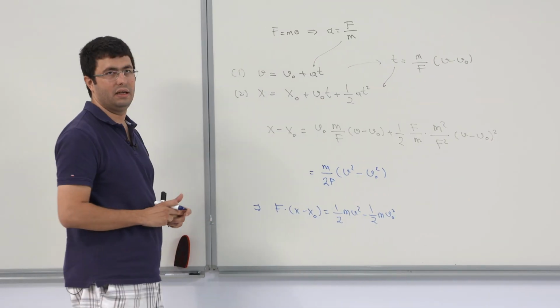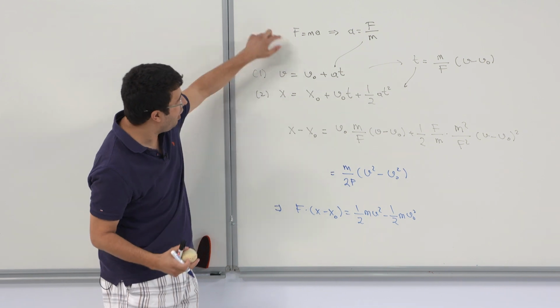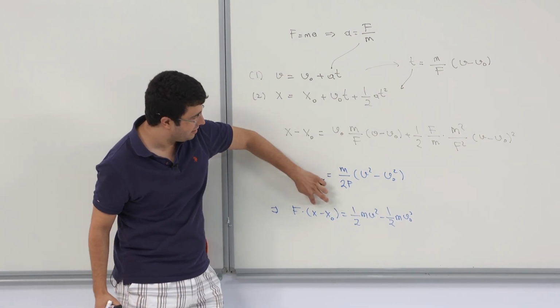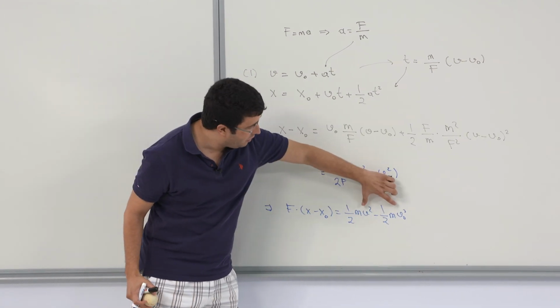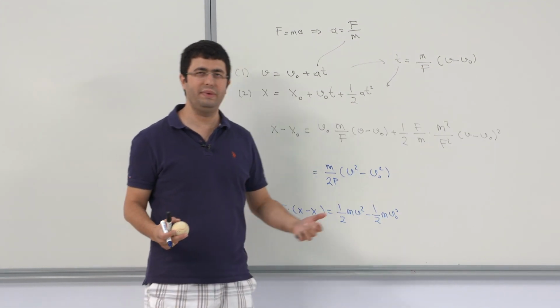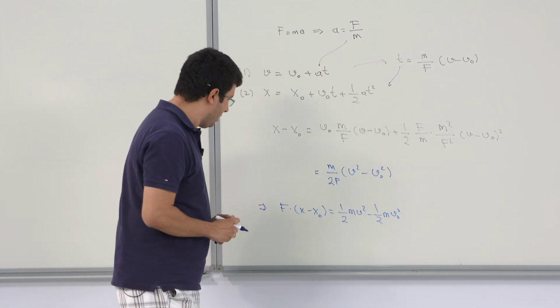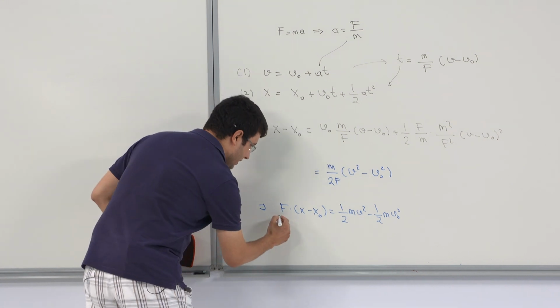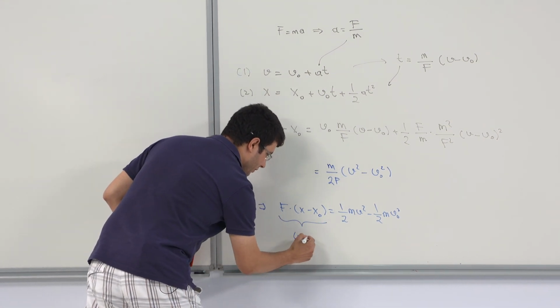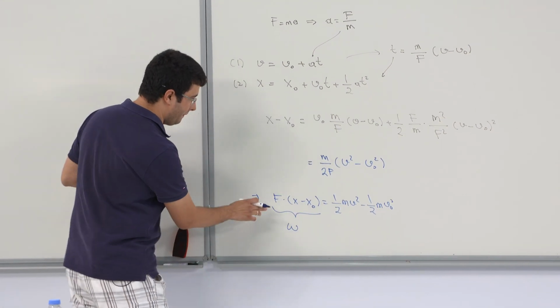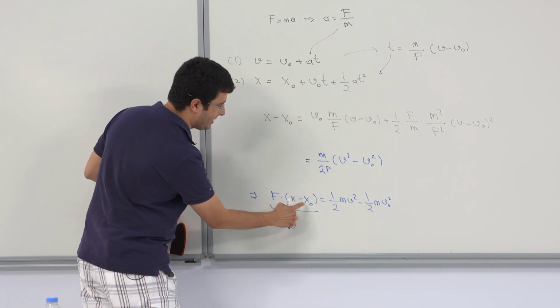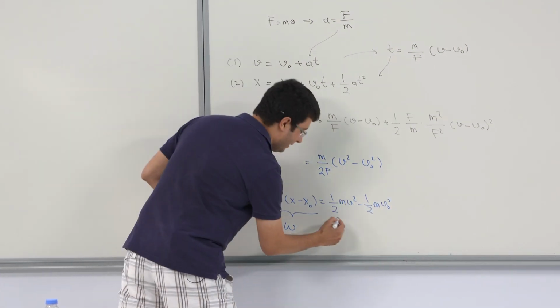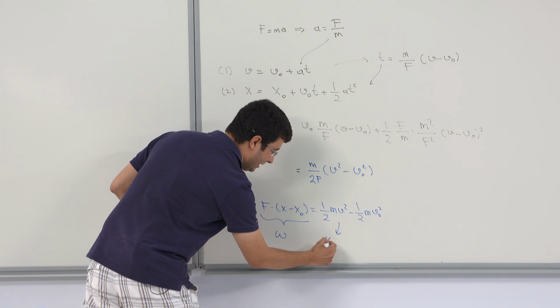As expected, I apply a force on the baseball from x0 to x, and what happened was that its velocity, or its speed, changed. So this quantity is what we call work. I do some work to take the particle from x0 to x, and this quantity here is called the kinetic energy.